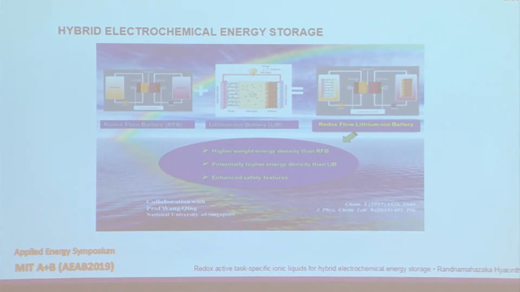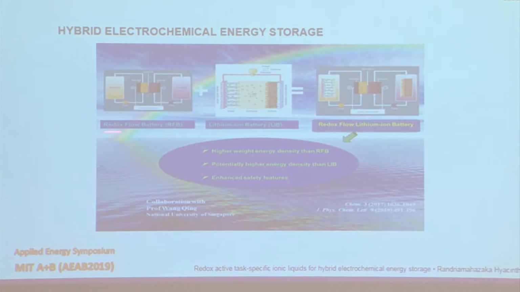Another kind of hybrid system that we also developed is the combination of redox flow battery and lithium-ion battery. Why? As you know, the redox flow battery can be useful, for example, to store some renewable energy. The maximum energy that can be stored depends upon the concentration of the electrolyte that we can store in the tank.